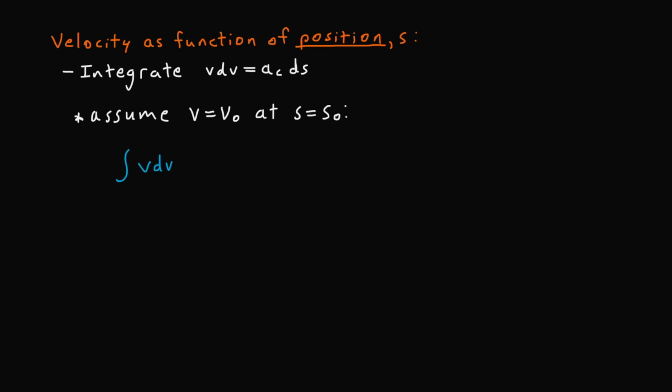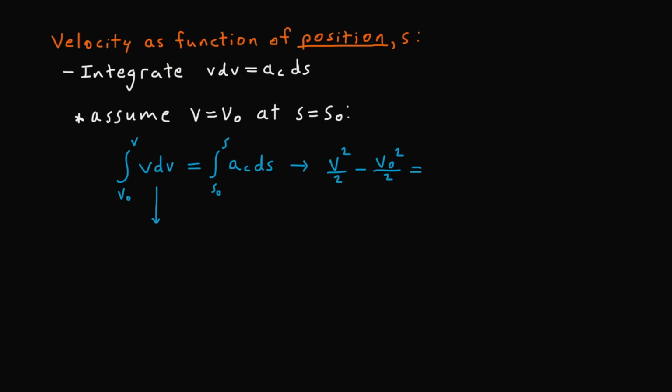So in that case, we're integrating v dv from v naught to v, and the right side ac ds from s naught to s. So integrating v dv from v naught to v, we get v squared over 2 minus v naught squared over 2, right? Because when you take the integral of v dv, that'll be v squared over 2.